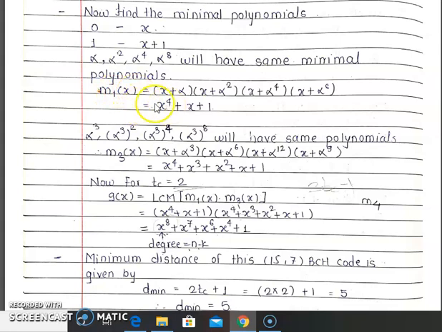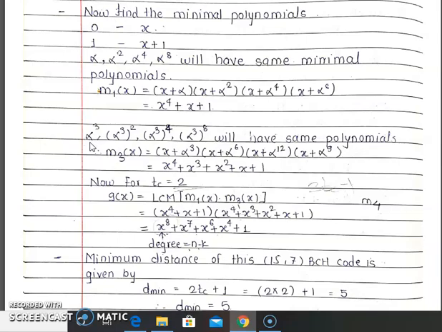Likewise, we already found that for alpha, alpha square and alpha raised to 4, the minimal polynomial is this. So in this table alpha cube is remaining. Now we replace beta with alpha cube.